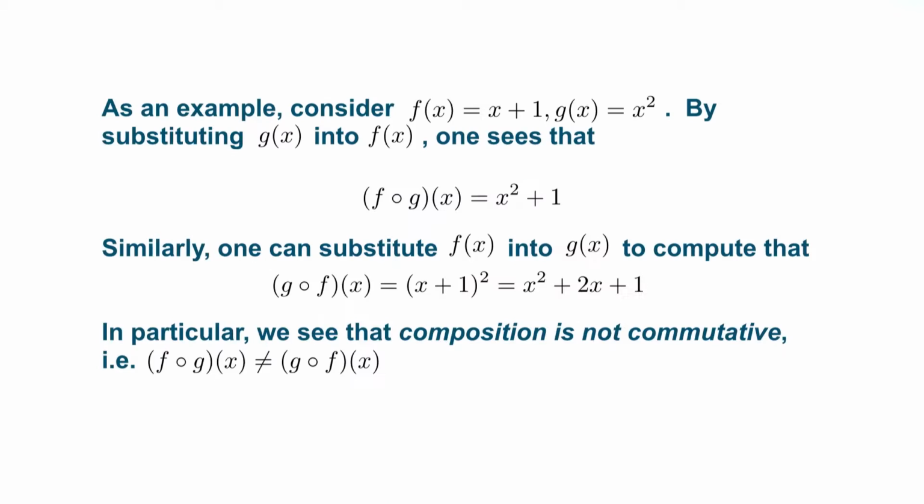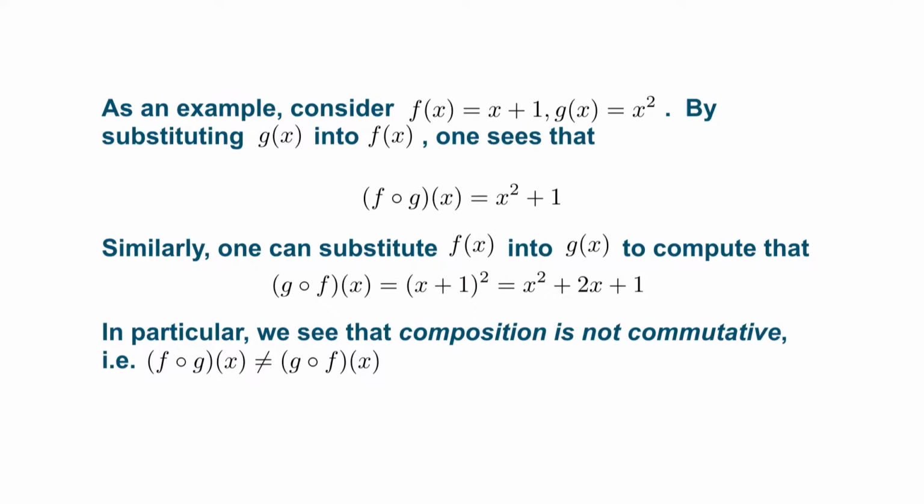So let's look at a quick example. The functions are f of x equals x plus 1 and g of x equals x squared. I compute f composed with g by first applying g of x, namely x squared, then applying f of x, which is x plus 1, to get x squared plus 1.